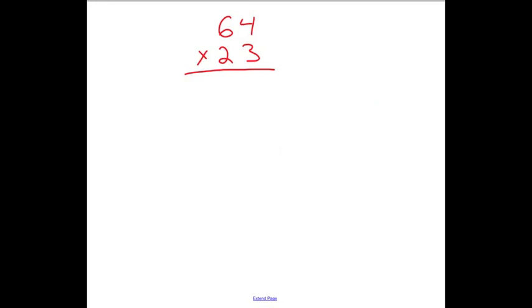I will solve this one using a plan called the traditional algorithm. First I multiply the ones. 3 times 4 is 12.